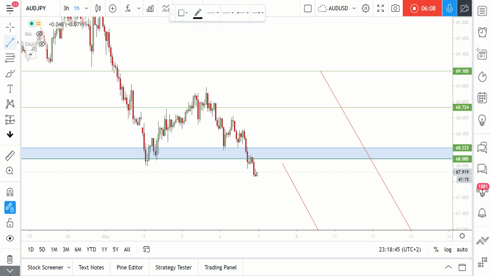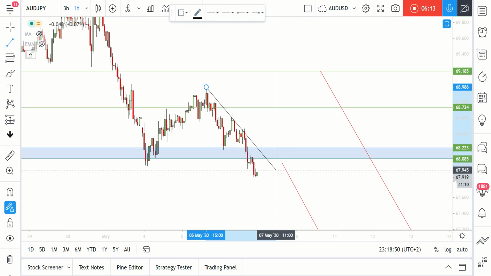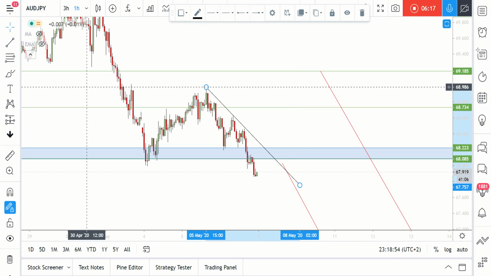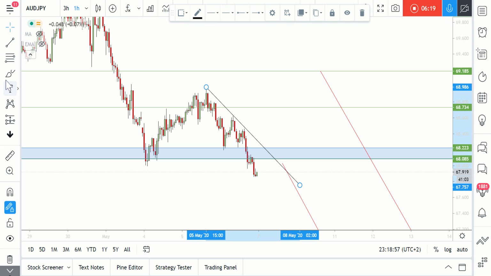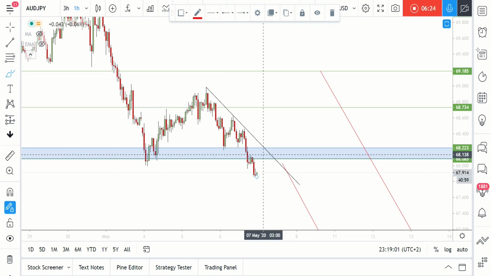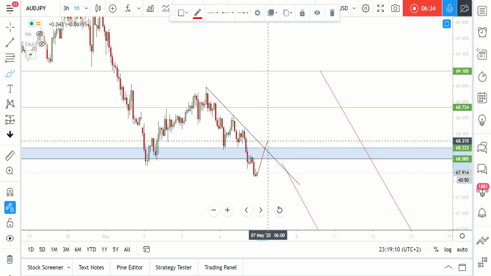Another thing we can see is that if you draw in a trend line here, we can expect price to test this trend line. Other people might be caught in a trade here, so it could come a bit higher, to a retest of that descending trend line.